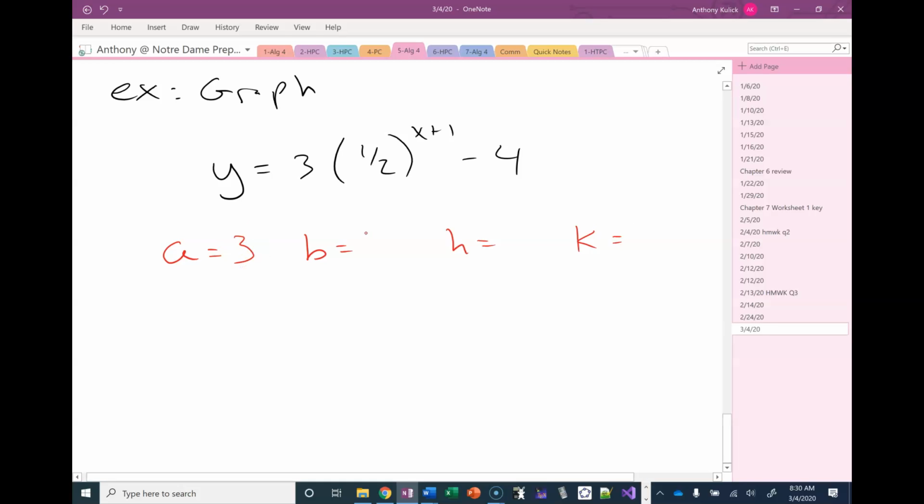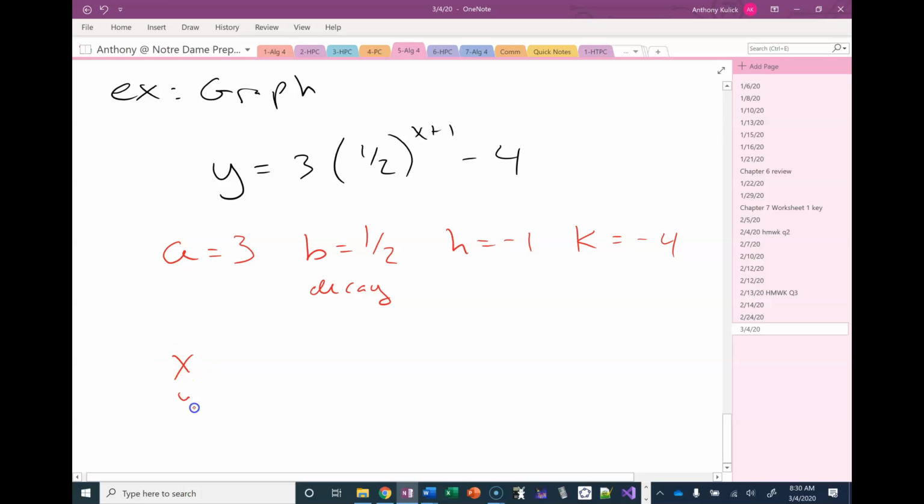And B? 1/2. And H? 1. And K? -4. Just as an aside, is this growth or decay? Decay. Again, because I can tell by the value for B.